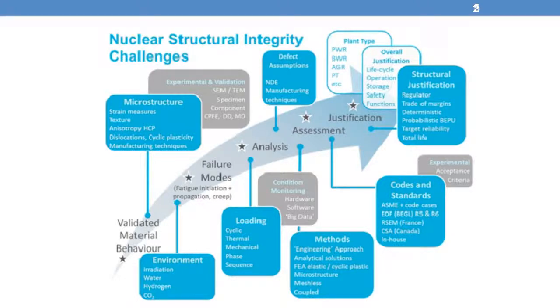So firstly, on this slide, the arrow shows the traditional route to developing a structural justification, which is invariably done using some sort of stress analysis in a broad sense, meaning that we have some validated material model from test data from which we understand the failure modes, be it burst, creep or fatigue, and we then perform an analysis based on our understanding of loading and the influences of things like manufacturing processes to arrive at some measure of proximity or margin to failure, such as a reserve factor or a fatigue usage factor.